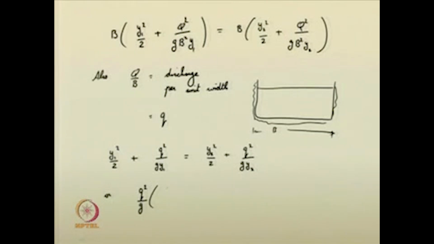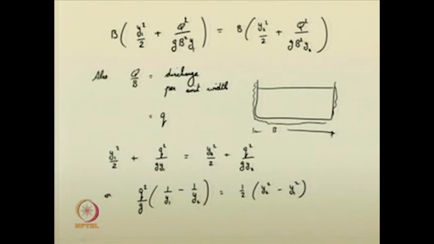Or you will get a relationship for small q as follows: q squared by g into 1 by y 1 minus 1 by y 2, that is, we have taken it to the left hand side, and these quantities you are taking to the right hand side, y 2 squared minus y 1 squared.